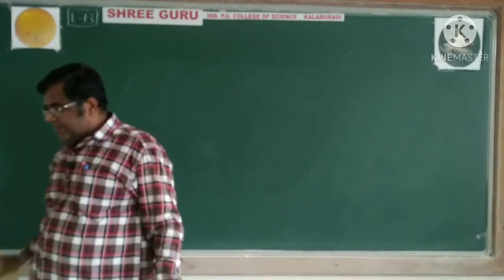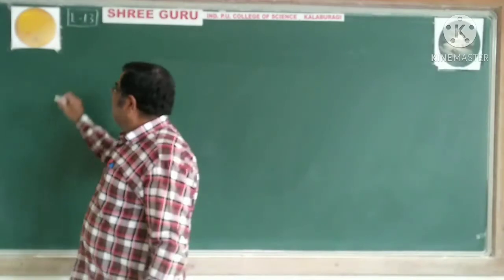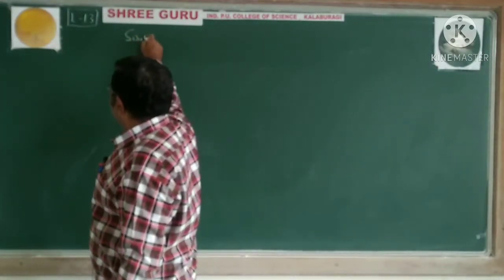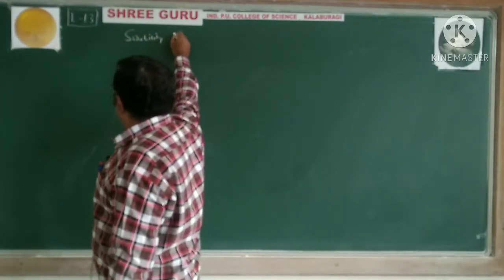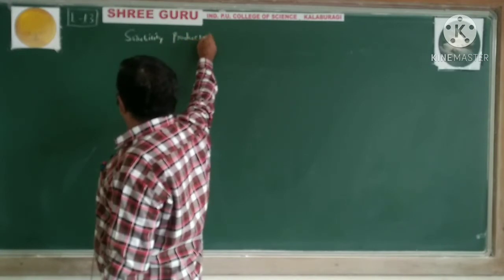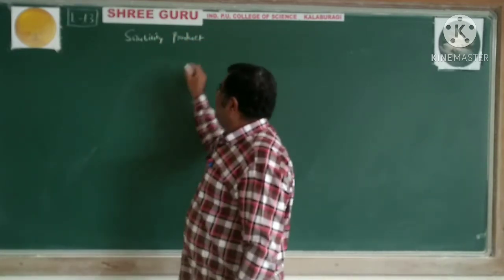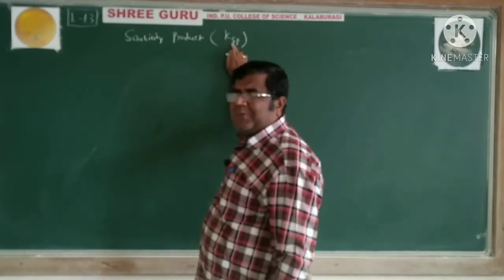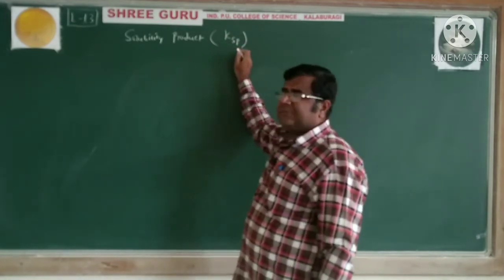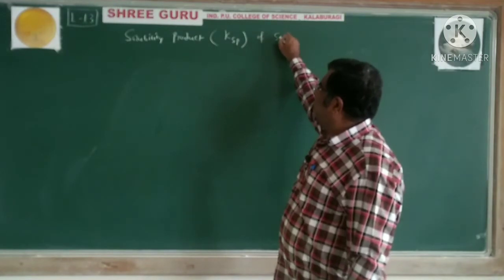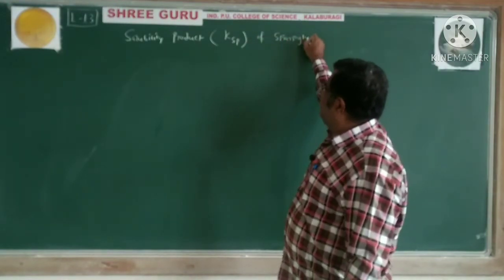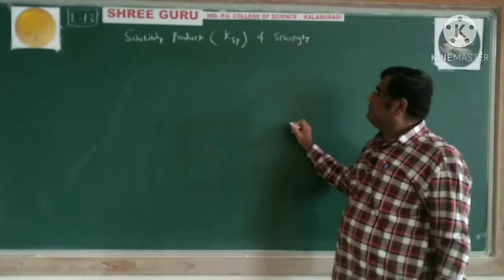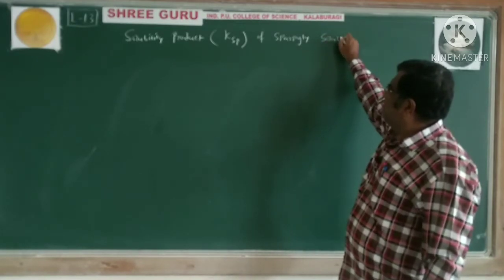Now we are learning about the solubility product, which is nothing but Ksp, S for solubility, which stands for product, of a sparingly soluble salt.